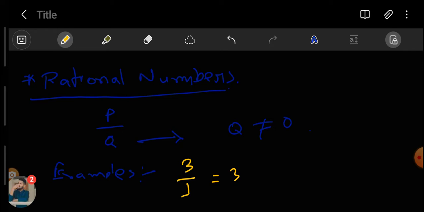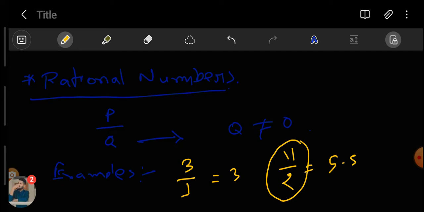Again, if you write 11 by 2, the result will be 5.5. This is also a rational number because it's expressed in p by q form, with 2 below and 11 above. So these are rational numbers.